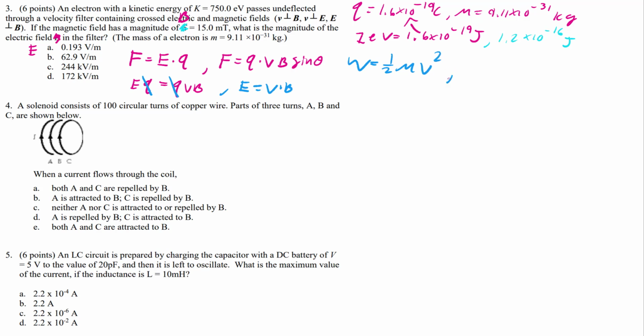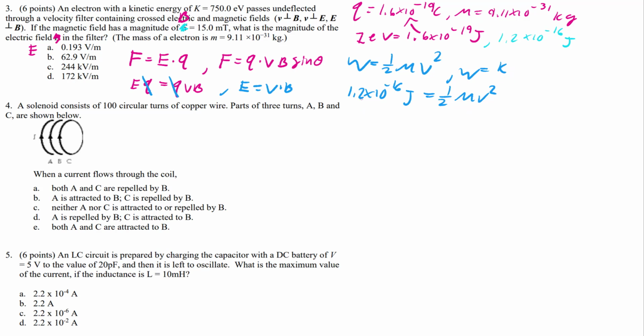And the work is also equal to the kinetic energy. And so you can say that 1.2 times 10 to the negative 16 joules is equal to 1/2 mv squared.